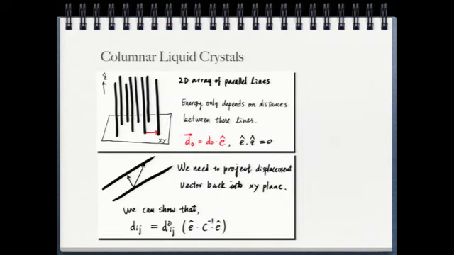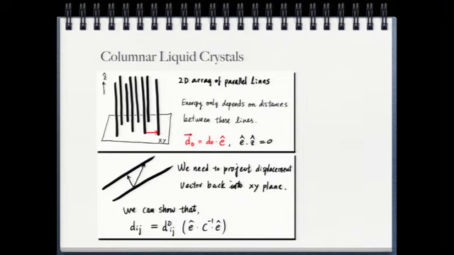So let's look at the columnar electric crystal phase, which is a 2-dimensional array of parallel fluid lines. Here the elastic energy is a function of the distance between neighboring parallel fluid lines. So we have to calculate this distance in the deformed state.